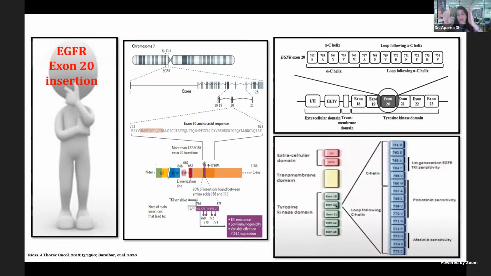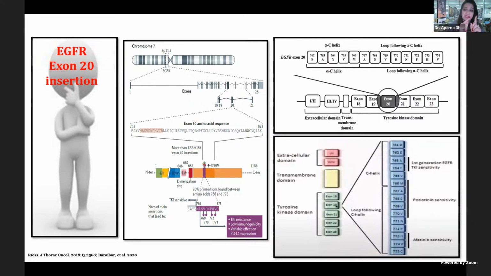With advancement of technology, these specific alterations are shown to be responsive to specific treatments. So it's not just knowing it's an exon 20 insertion, you need to know the codon. Amino acids 763, 764, if there's an insertion over there, these are the ones that show sensitivity to first generation TKIs.